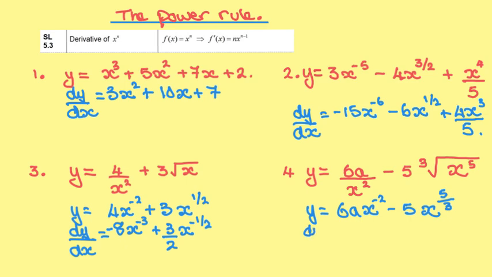Now we can find the derivative. Dy over dx is equal to minus 2 times 6a is minus 12a. X minus 2 minus another 1 gives you minus 3, and 5 over 3 times 5 is equal to minus 25 over 3. 5 over 3 minus 1 is 2 over 3.